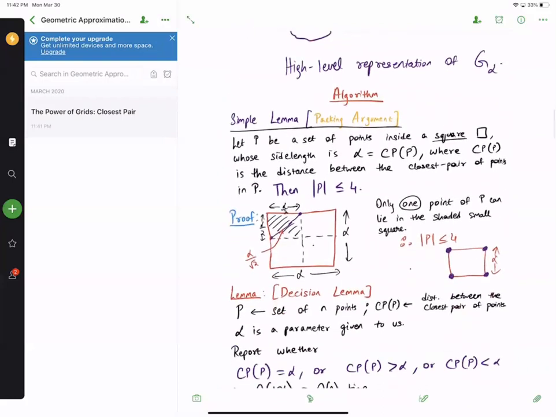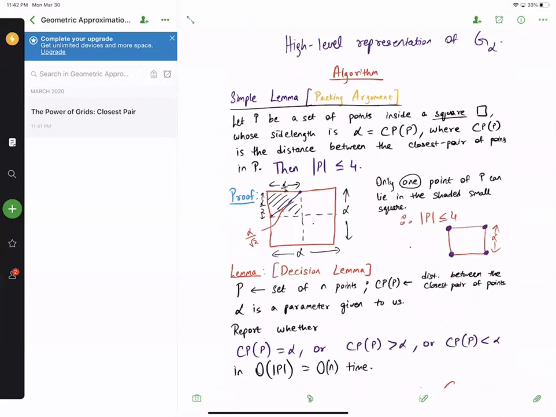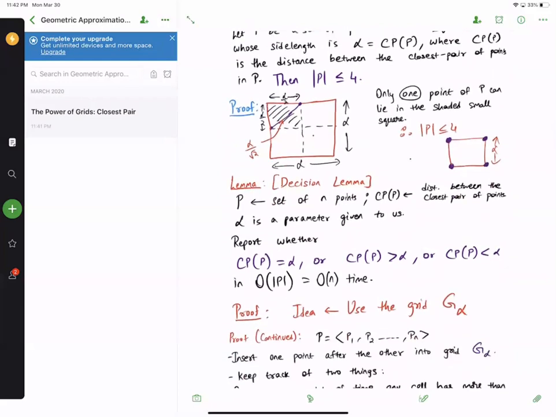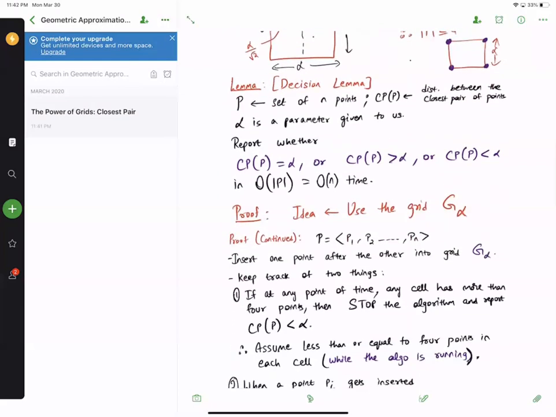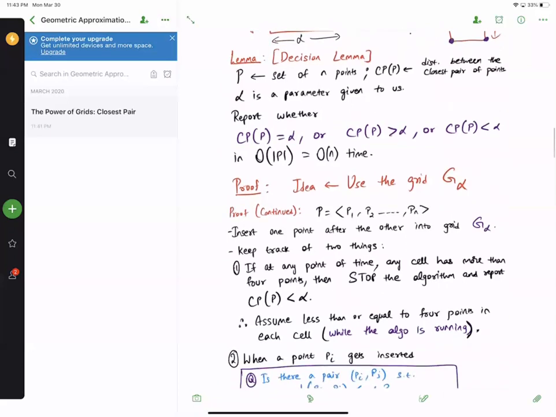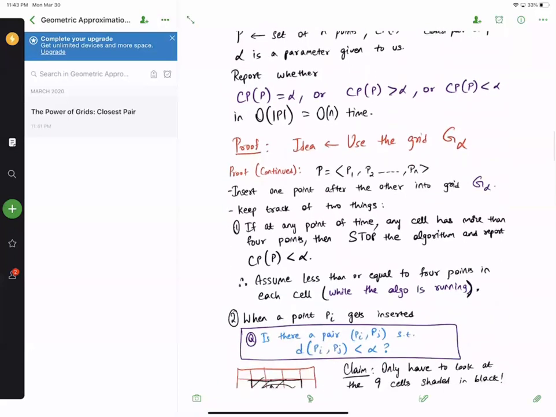And then we said there's this packing argument which says if it's a small enough square, then you cannot pack too many points inside it. Things really started happening from the decision lemma, where we had to solve the simpler problem of knowing whether the closest pair of points is less than a given parameter alpha or greater than that. For that, we used the grid idea, inserting points one after the other.